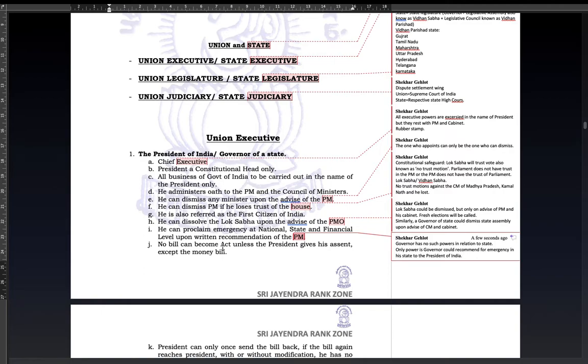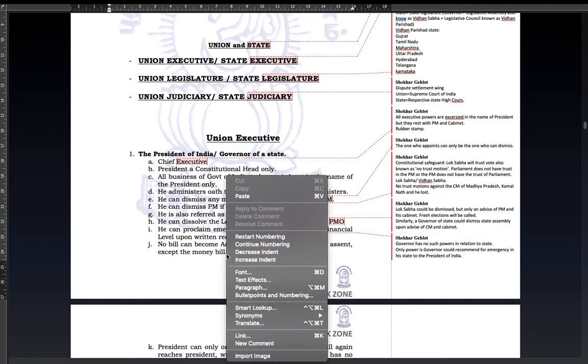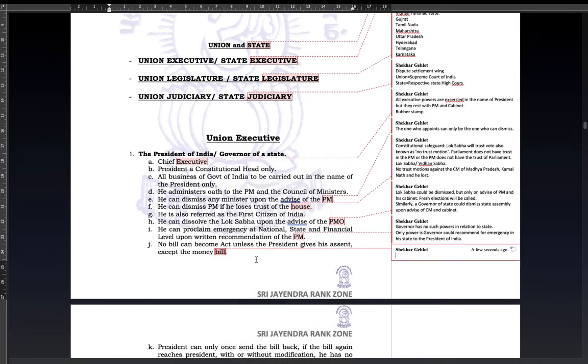No bill can become an act unless the president gives his assent, except the money bill. Okay, so this is the law making power of President of India. No bill will become a law unless it receives the assent of president. Assent means signature, or you may say approval. Usually the approval is given in the terms of signature only.